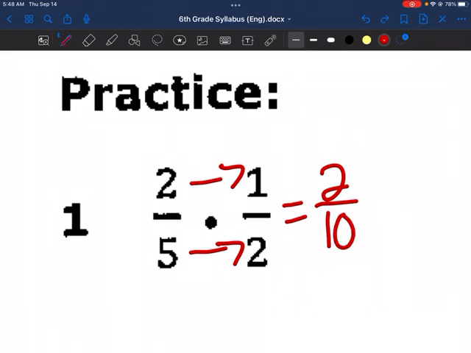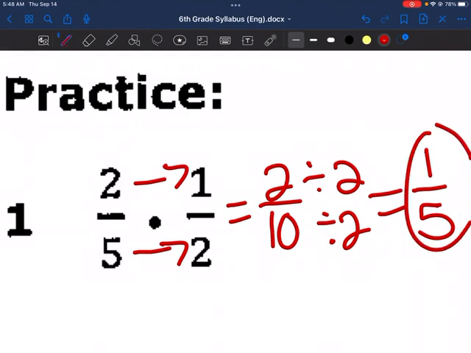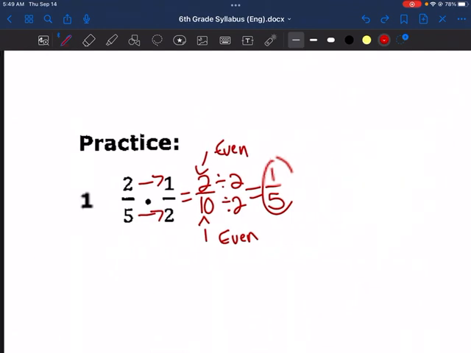We divide both of these, simplify by 2. 1 over 5. Now, the reason: even means you can divide by 2. Always, always. If you have an even number, you can divide by 2. Qué fácil, sir. I know, ¿verdad? Ya sé.